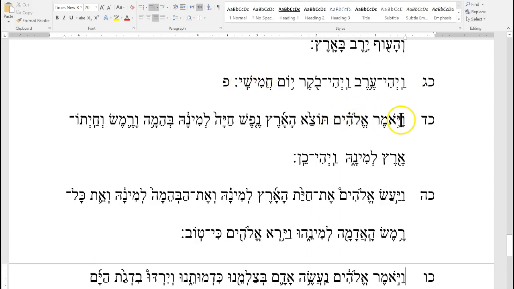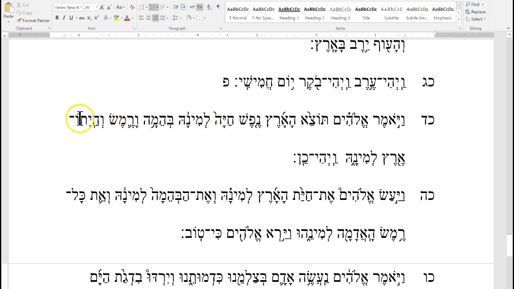Vayomer Elohim, and God said, totzeh haaretz, let the earth bring forth, nefesh hayah, a living soul, lemineha, according to its kind, behema, varemesh, cattle, animals, creeping things, vechayto eretz, and the living things of the earth.